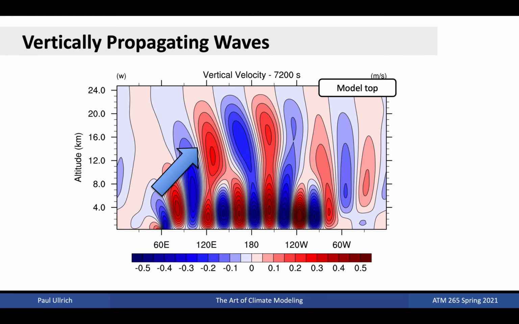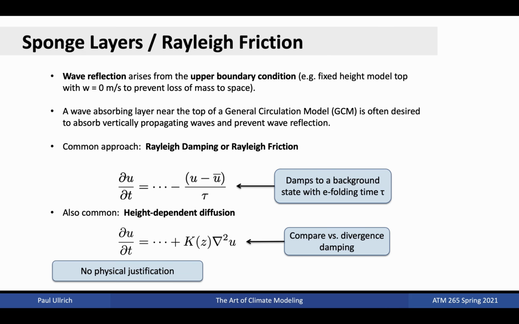As a result, additional diffusion is added to the model top to prevent waves from propagating out of the domain. These model top diffusive layers may be referred to as a model top sponge layer, Rayleigh friction, or radiative boundary condition. In essence, wave reflection arises from an upper boundary condition that is designed to prevent loss of mass to space, but as a result allows for the spurious reflection of waves.